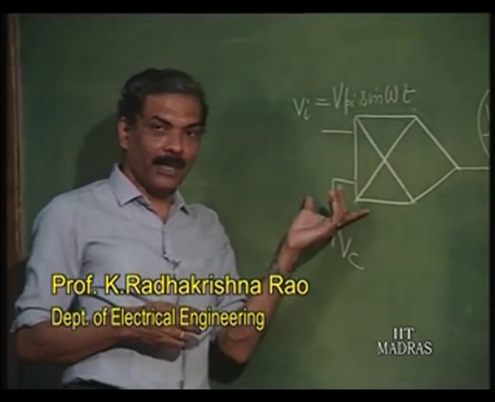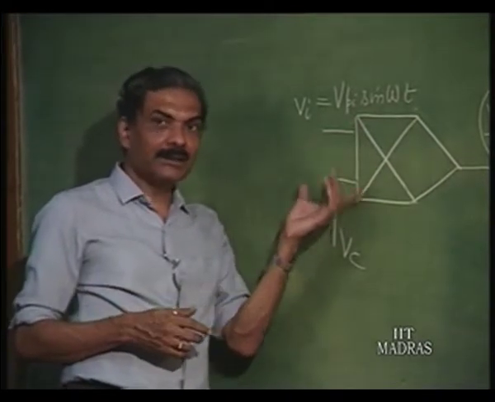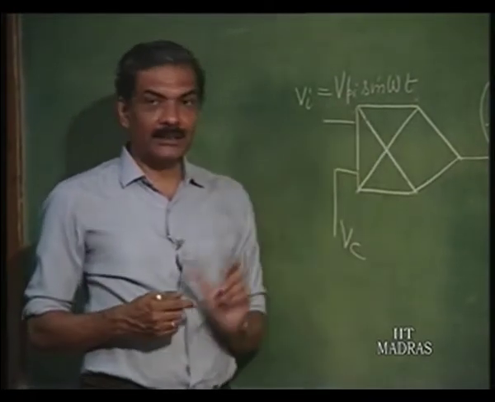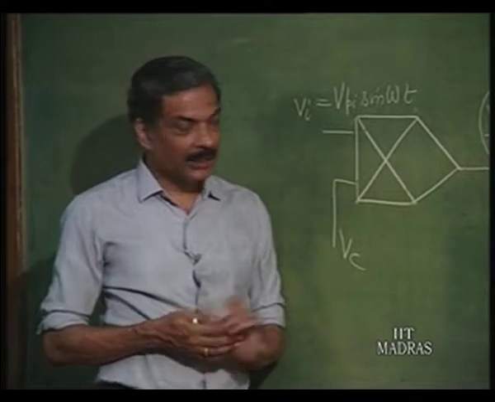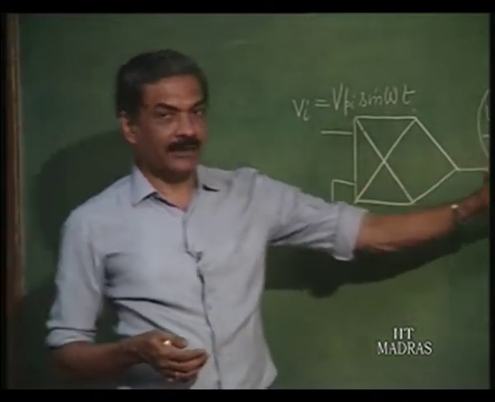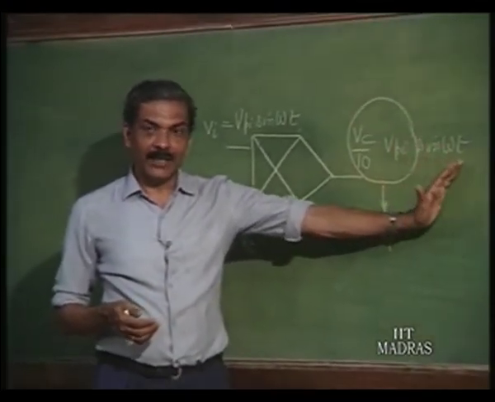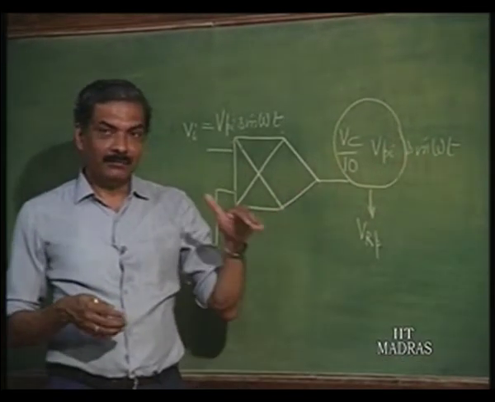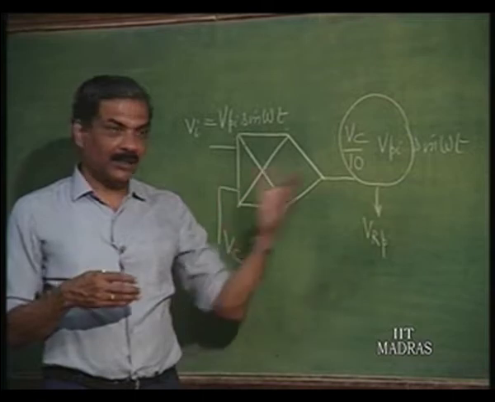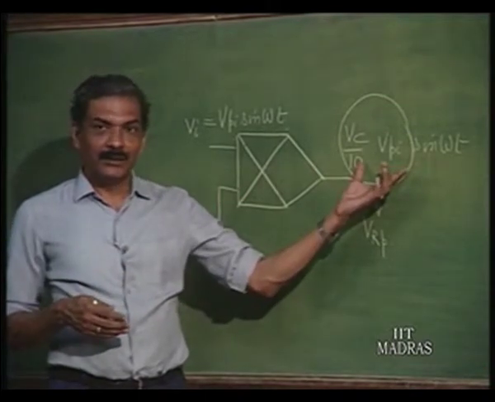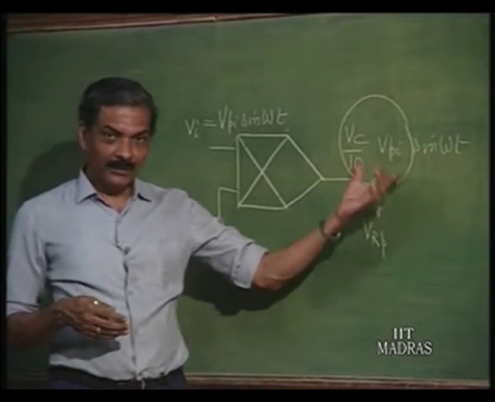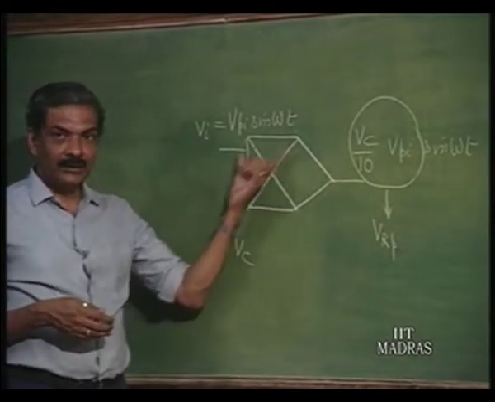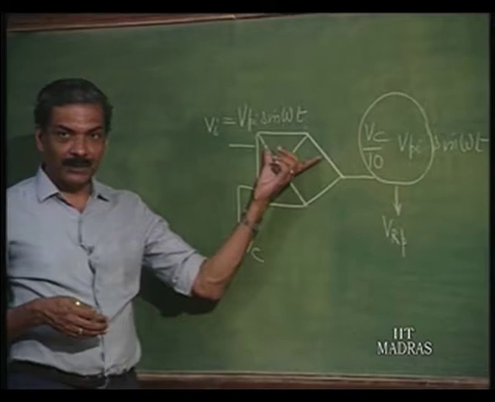This is normally applied to an amplifier which is working at a single frequency or a narrow band of frequencies. That is why we can take the signal as sine wave, okay, and output is going to be sine wave, and this is going to be rectified and filtered, okay, in order to derive a DC which is dependent upon the peak value of the signal, and this DC information is used to control the gain of the amplifier.